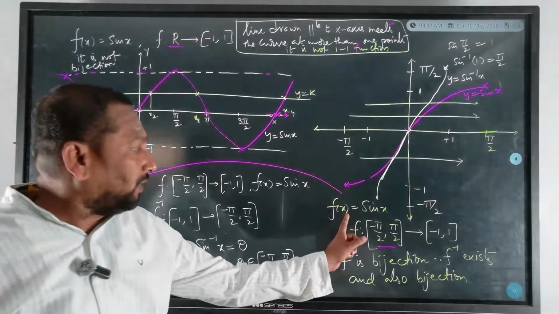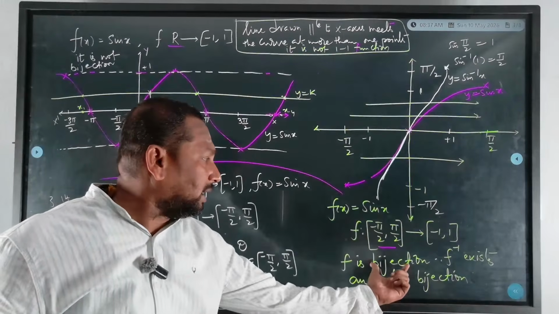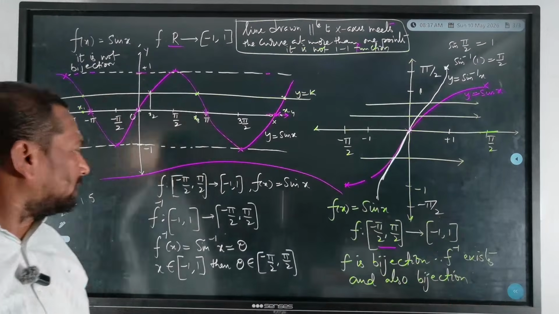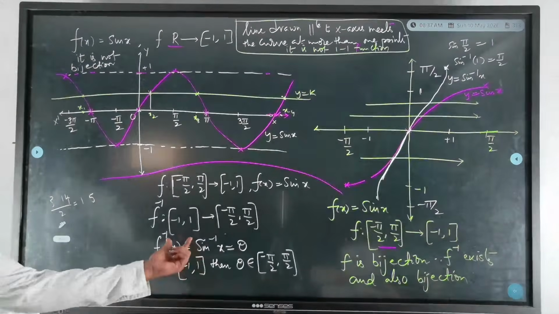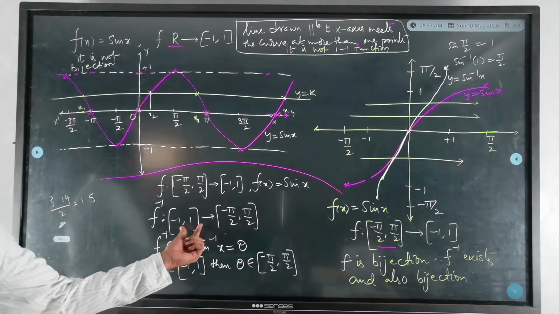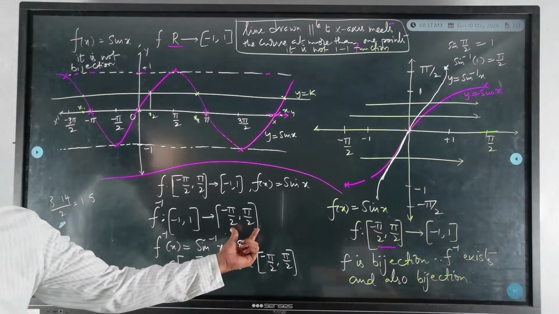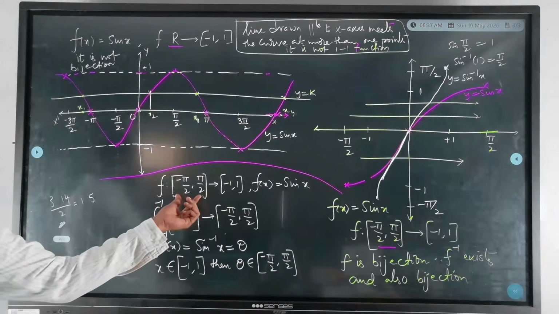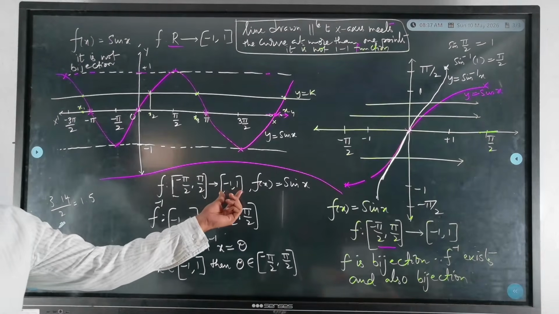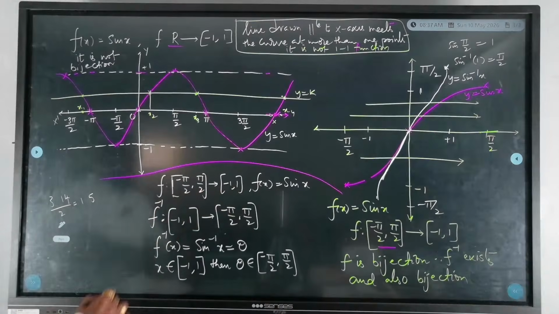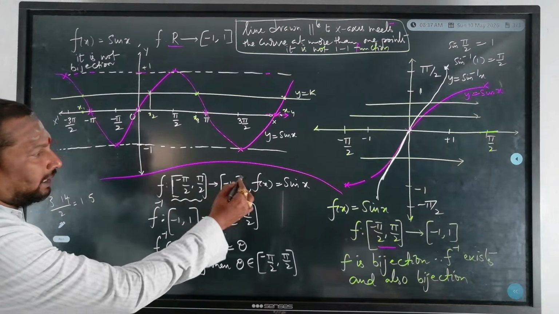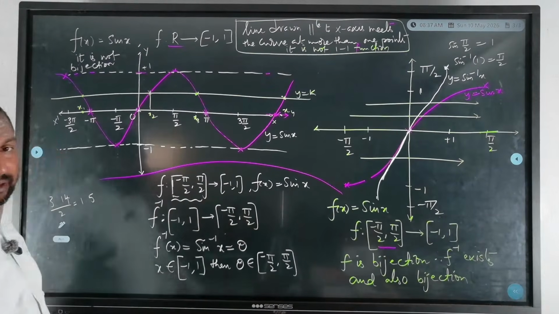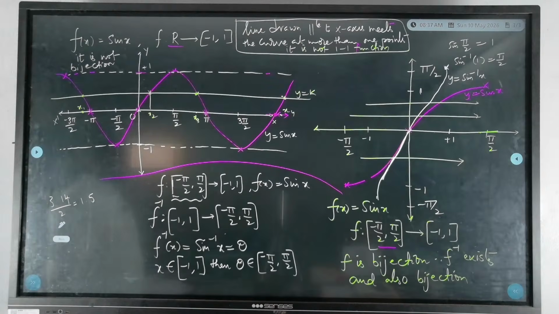Then f is sin x is a bijection and f inverse, sin inverse x, exists. So what is the sin inverse domain? The sin inverse range? Right, the sin domain and sin range. In this domain only sine is a bijection.